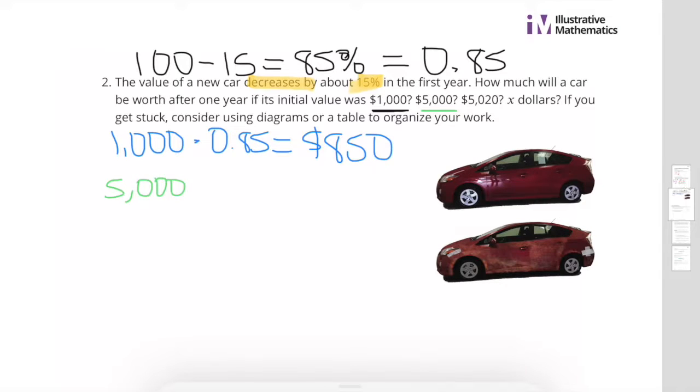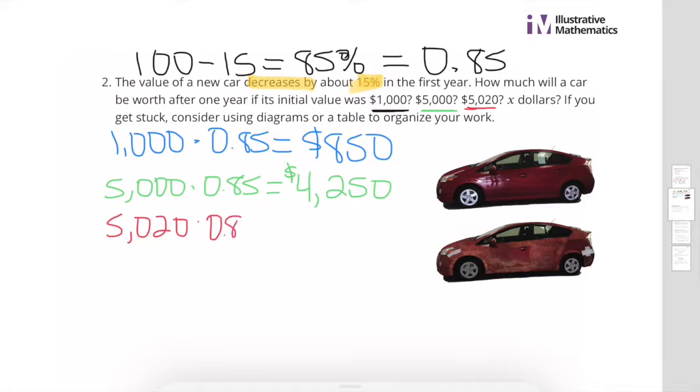Same thing, 5,000 times 0.85, which would give you $4,250. What about $5,020? 5,020 times 0.85, which would give me $4,267.